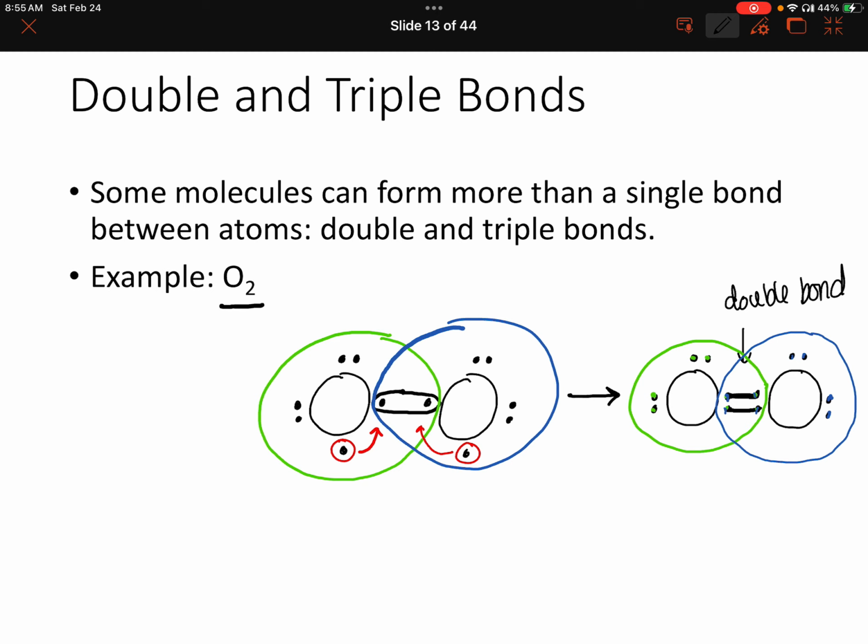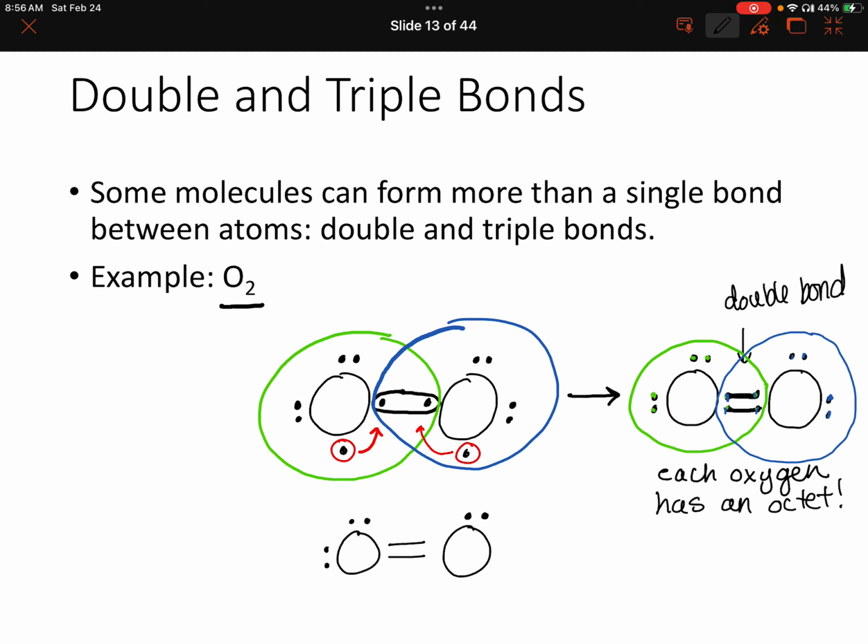So now each oxygen is happy. Each oxygen has an octet. So let's clean up that drawing a little bit. So then we'll draw a double bond between the oxygens, and we can't forget those non-bonding pairs or lone pairs of electrons. So that is our Lewis diagram for oxygen.